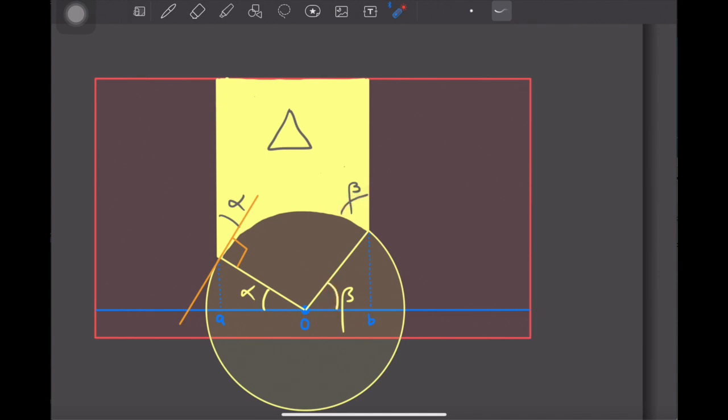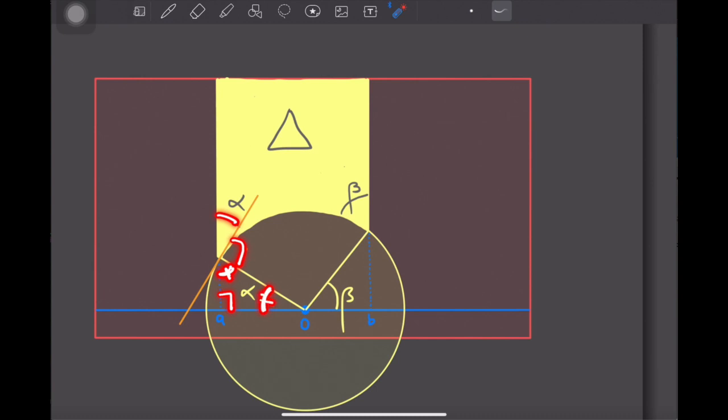It's a simple argument: alpha plus 90 plus this is 180, and this one plus 90 plus this one is 180.